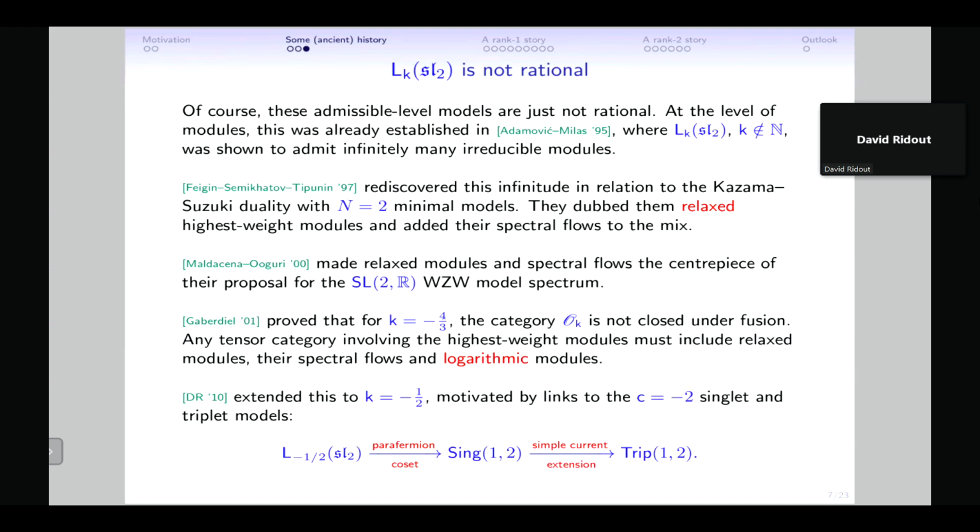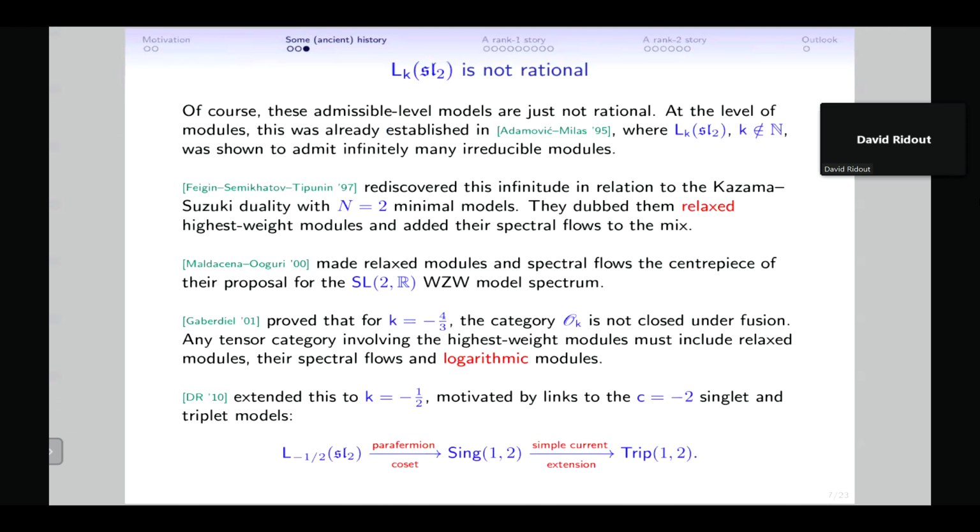One answer to this came shortly thereafter, where Feigin, Semikhatov and Tipunin noticed that the famous Kazama-Suzuki relation, which connects modules of, let's say, affine SL2 to modules of the N=2 superconformal minimal models, when you look at it closely, doesn't really work. If you want to get, say, a Verma module for the N=2 minimal models, you can't just start with a Verma module for L_k(sl2).